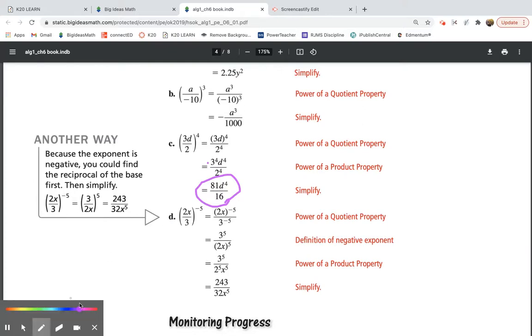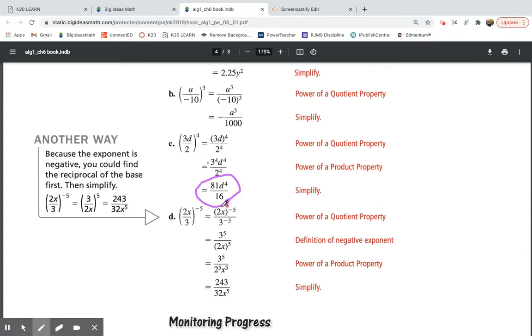Okay, so then looking at problem D. 2x over 3 all raised to the negative fifth power. Okay, well that means everything on top to the negative fifth power over everything on bottom to the negative fifth power. Now, we've talked about when it's a negative exponent, you have to flip it or put it under 1.